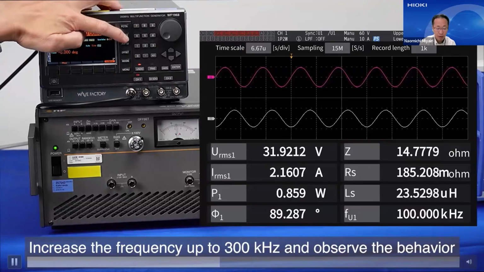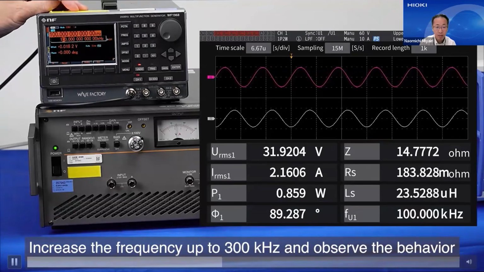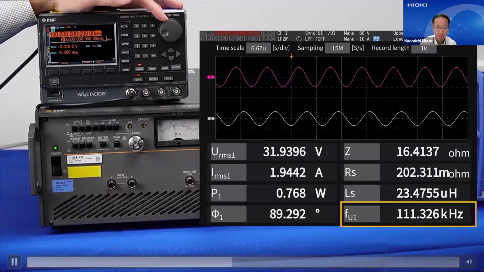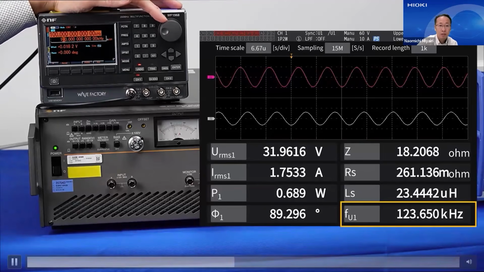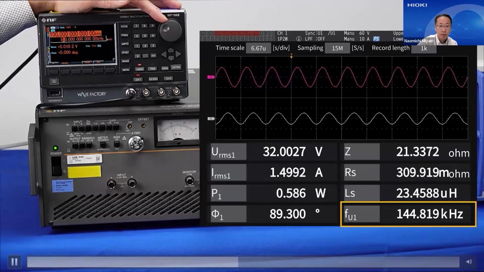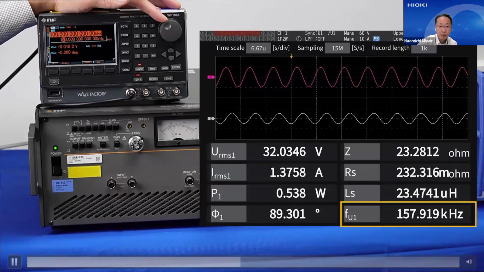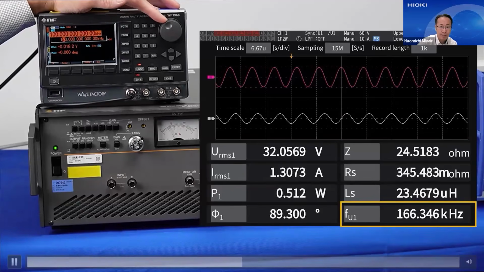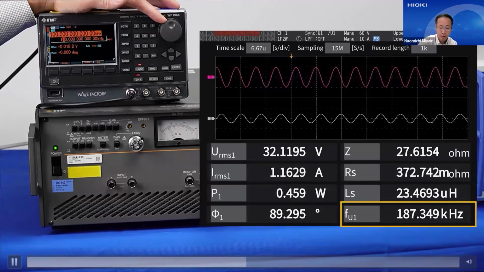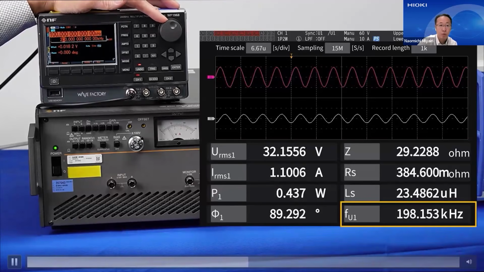From now on, we'll change the test frequency, and let's see how measurement results will change. We gradually increase the frequency in 10 kHz increments.